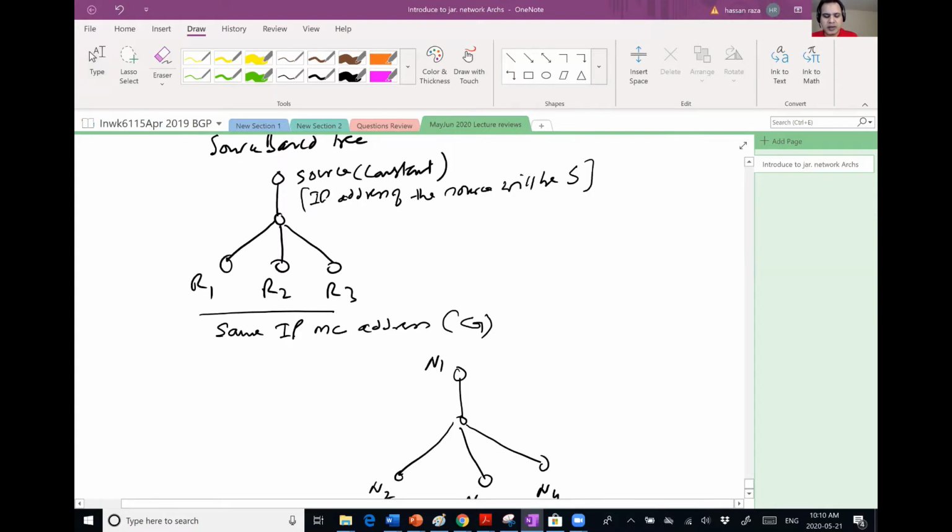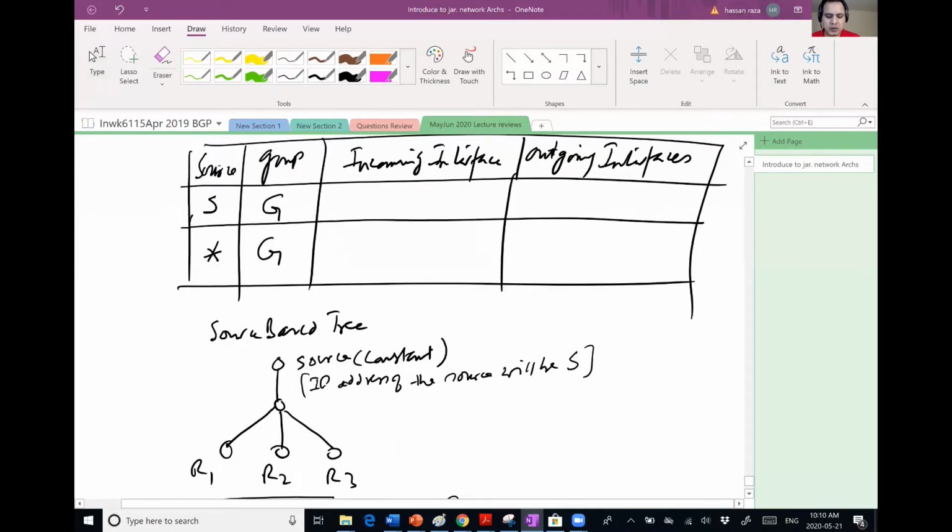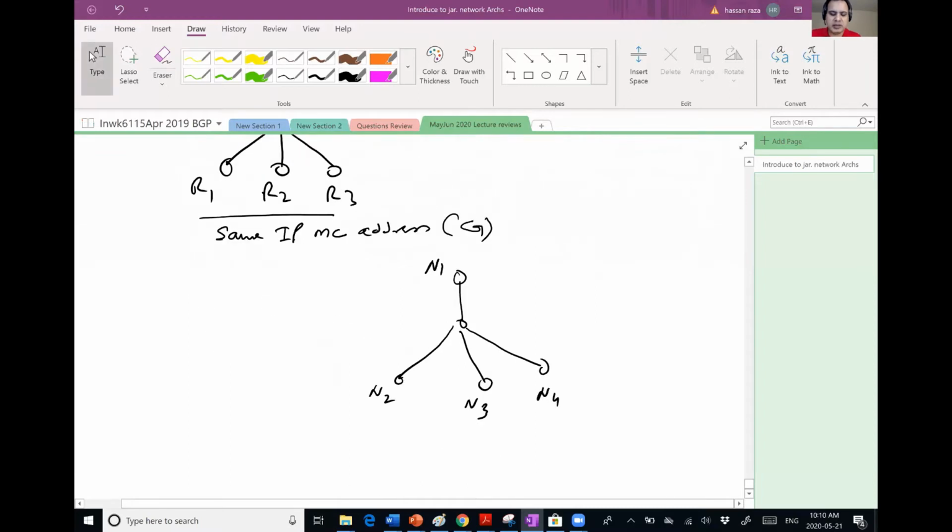So then I would mention a star. I would say, you know what? The source does not matter because any one of them would be the source. It doesn't matter. So the group ID would say they all will carry the same IP multicast address.